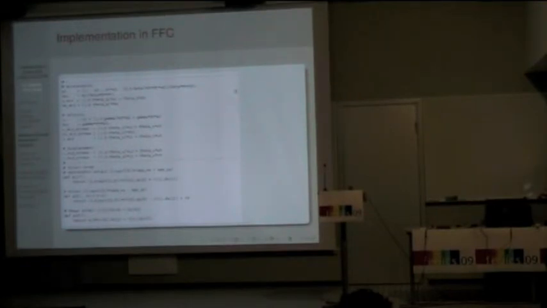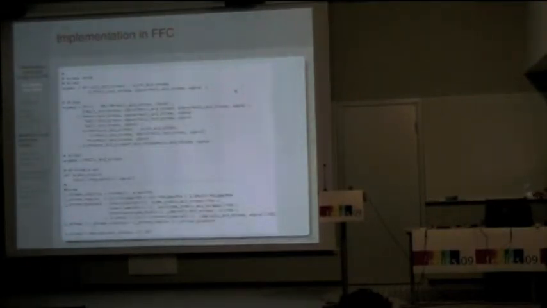After that, we define the stress tensor. This is the regular part, and this is the gradient part. Then we set up the linear forms, we sum them, and once again we perform an automatic differentiation.